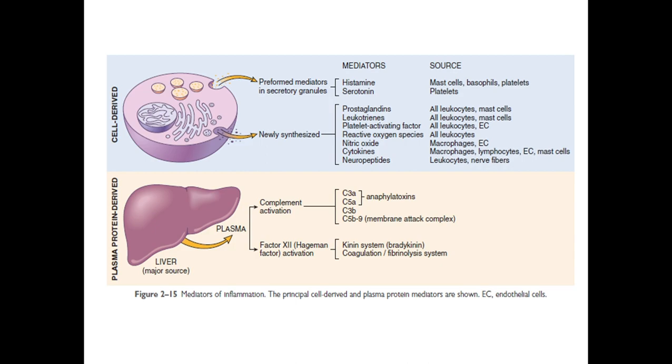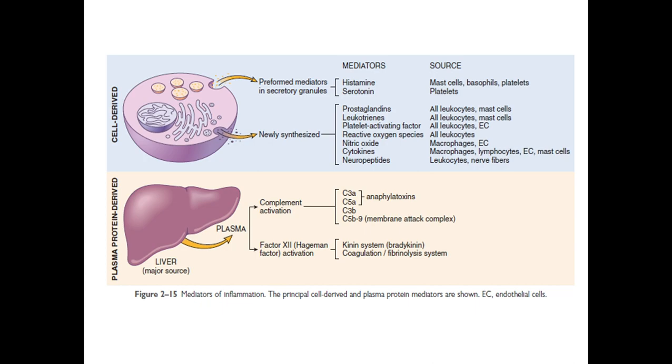This is the schematic presentation or figure for the mediators of inflammation. We have the cell-derived mediator اللي هي preformed, تقسم إلى preformed mediator in the secretory granules like histamine and serotonin, واللي هي newly synthesized on need. يعني preformed اللي هي stored mediator in the granule, واللي هي synthesized newly on need اللي هي prostaglandin, leukotriene, platelet activating factor, reactive oxygen species, nitric oxide, cytokines, neuropeptides, all these.